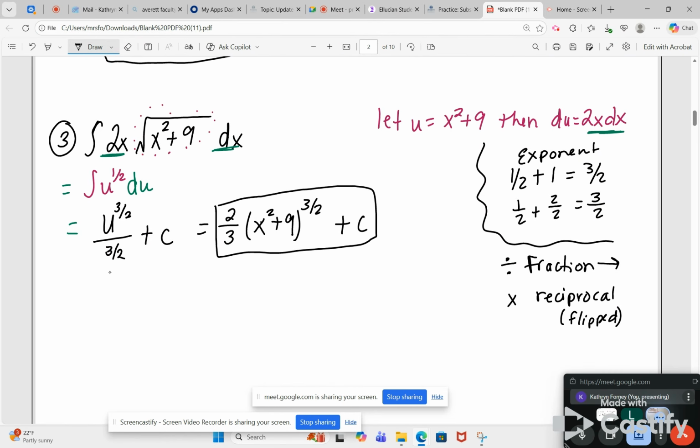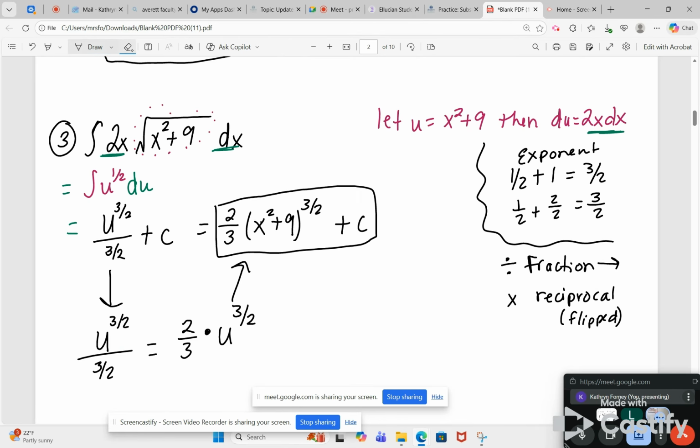So this u to the 3/2 divided by 3/2 is the same as 2/3 times u to the 3/2, which is where that came from. So what I'll do is I'll show that middle step here.